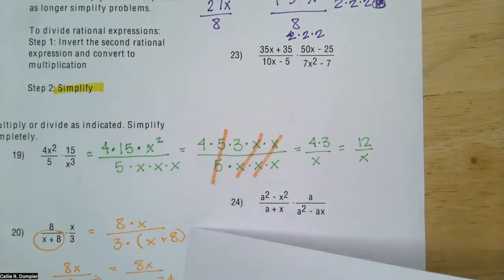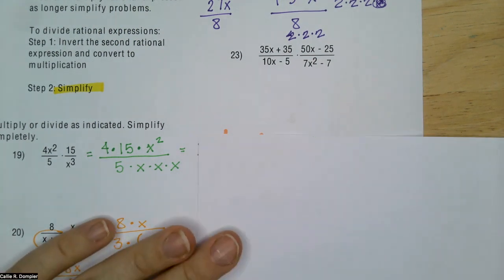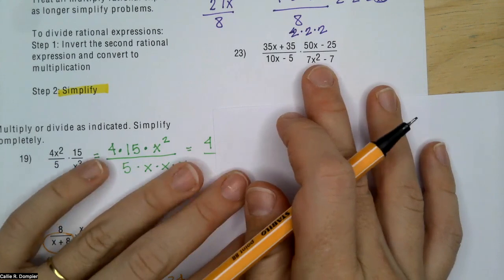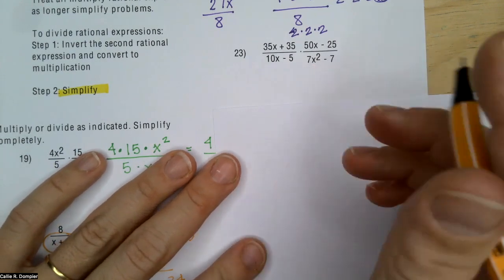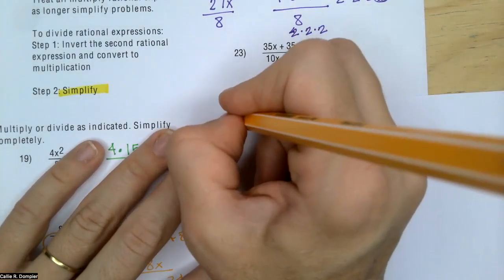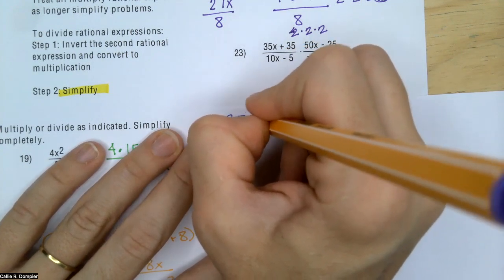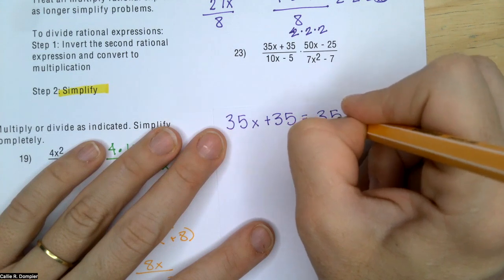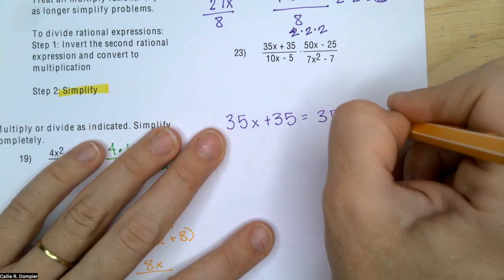All right, here we have 35x plus 35 times 50x minus 25 divided by 10x minus 5 times 7x squared minus 7. So again, let's factor them first. 35x plus 35 becomes 35 times x plus 1, right?